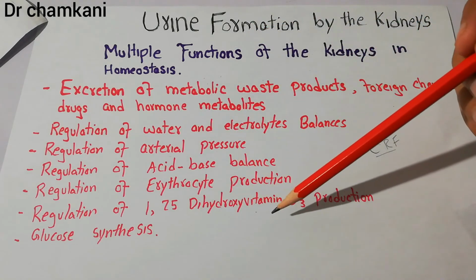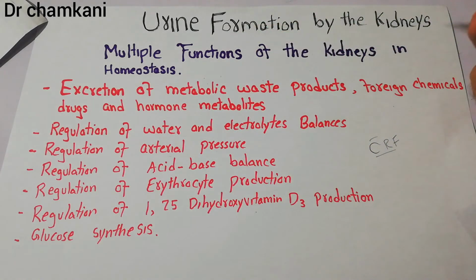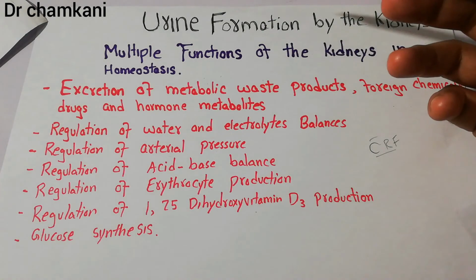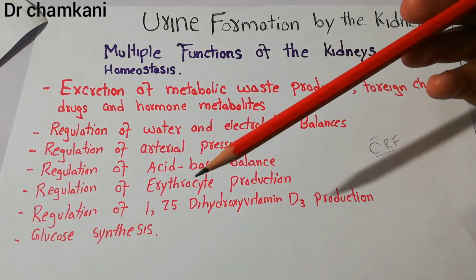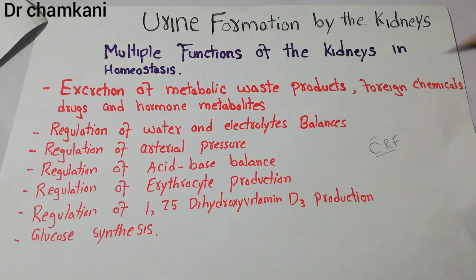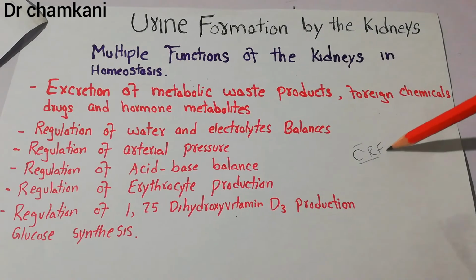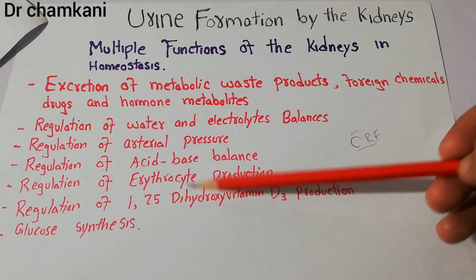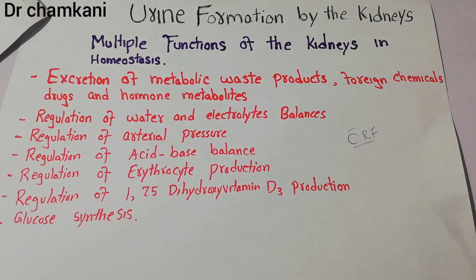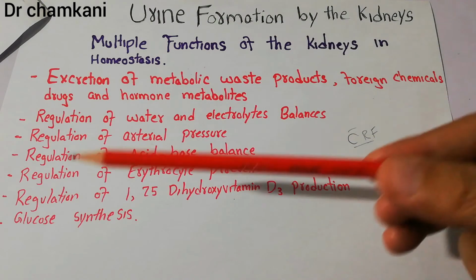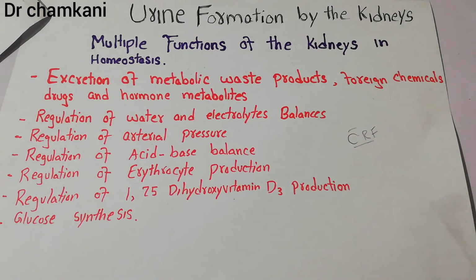Now, vitamin D is responsible for maintaining calcium balance, and calcium is important for bones. So, kidneys have a very important role in regulation of 1,25 dihydroxy vitamin D3. All the patients of chronic renal failure are also given vitamin D, because when the kidneys are non-functioning, their regulation of vitamin D3 is also disturbed, and they need supplements.